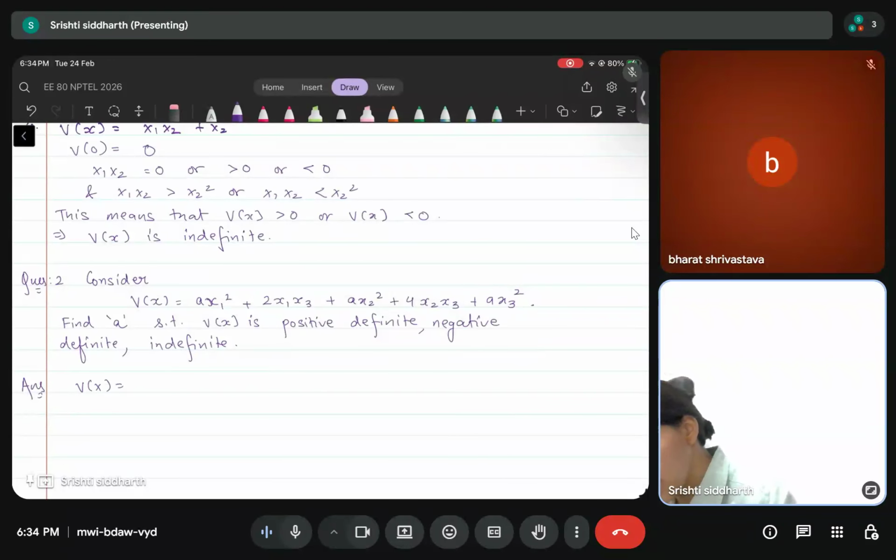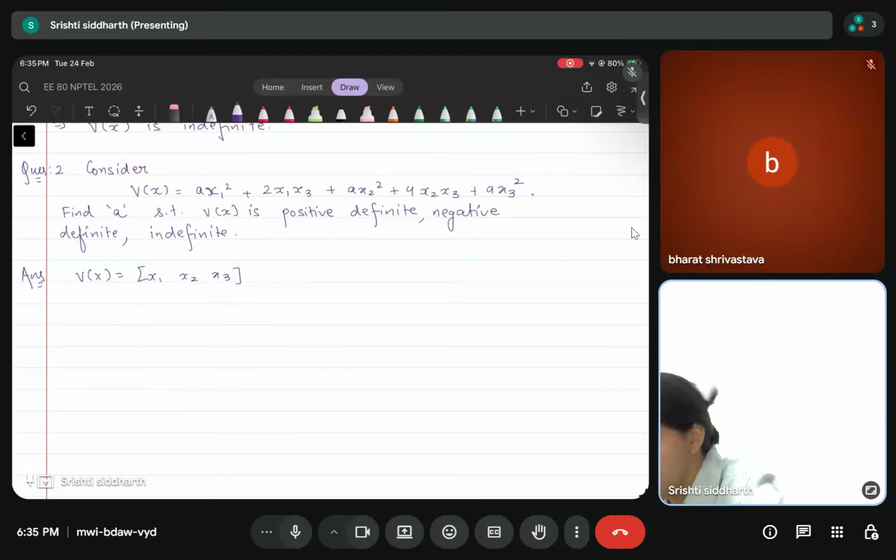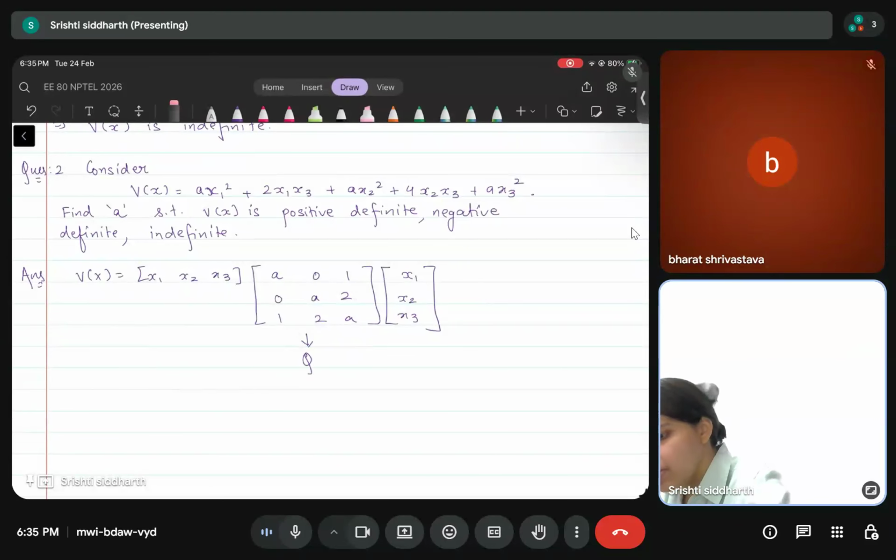So Vx can be written as x1, x2, x3, times the matrix with rows a, 0, 1, then 0, 8, 1, and 3, so this means that we have this as Q, or this is P. And now we have Vx is equal to x transpose Px.